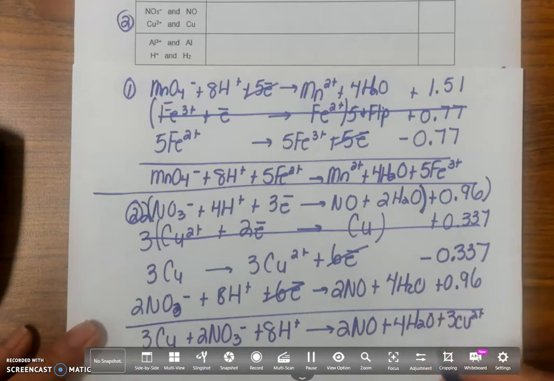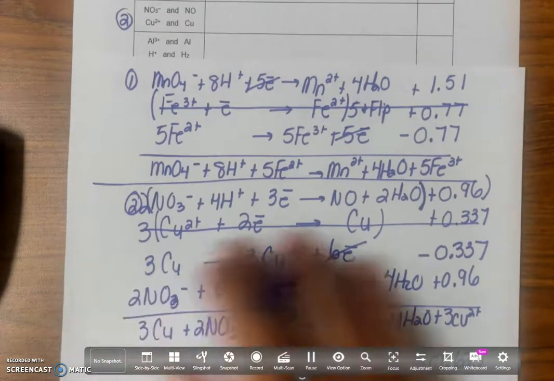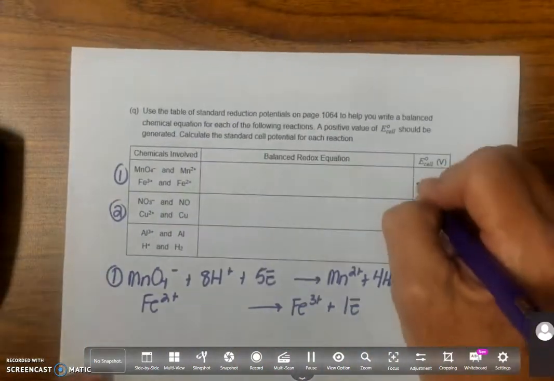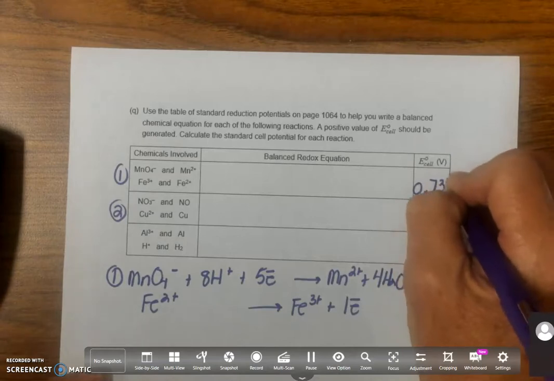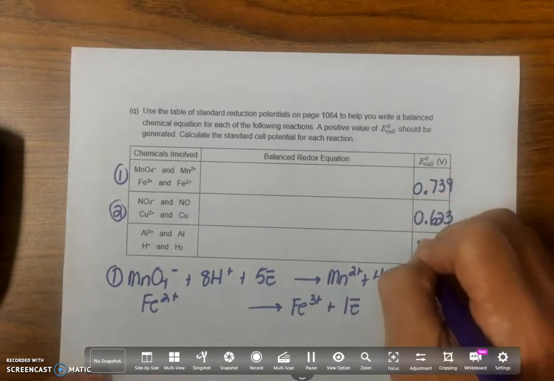And I add these two together, and my voltage turns out to be 0.623. So there's a lot of work for that problem. So let's put that there. I get 0.623, and I want you to do the next one.